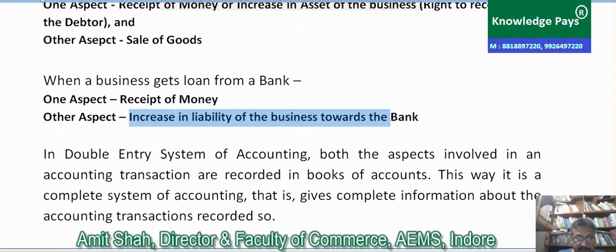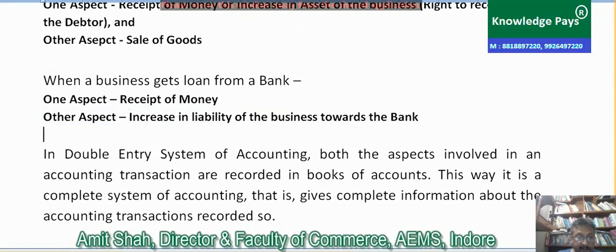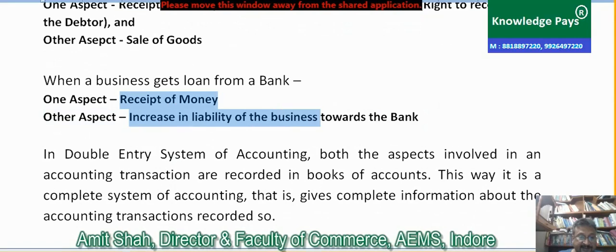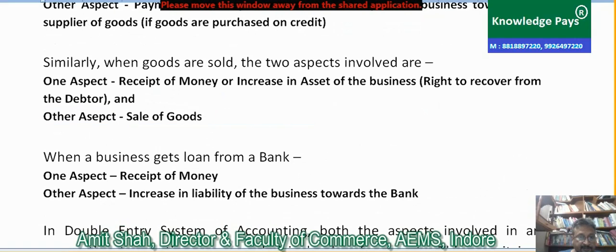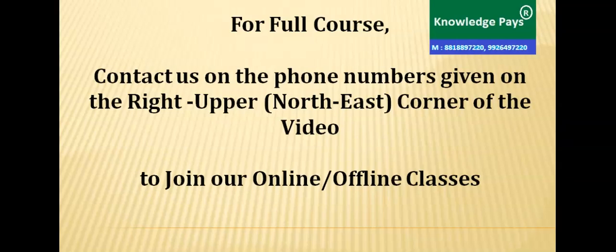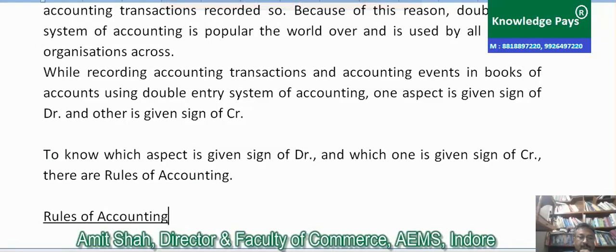If I just record this aspect, that yes, I have a liability towards the bank, later I may not recall why I have that liability if I do not record this aspect as well. That is receipt of money. Have you got me or not, Tanu? Yes, sir. Similarly, here for sale of goods, yes, sir.